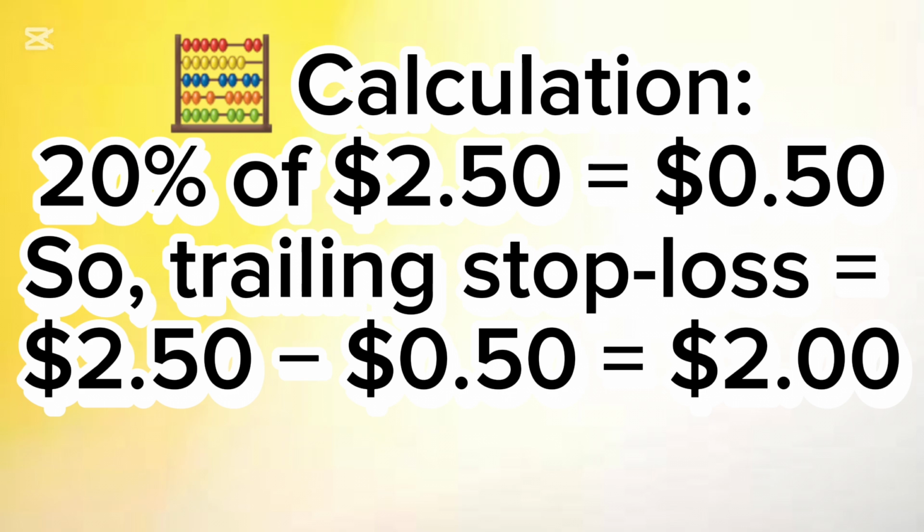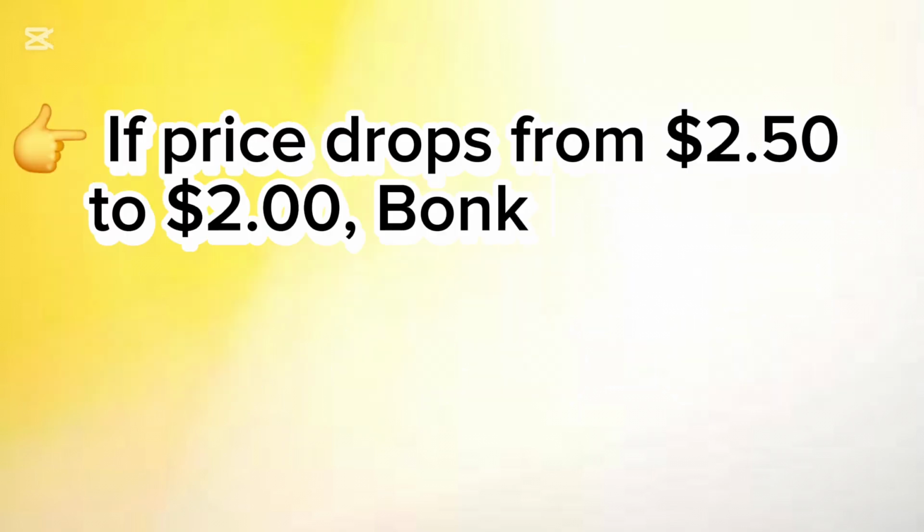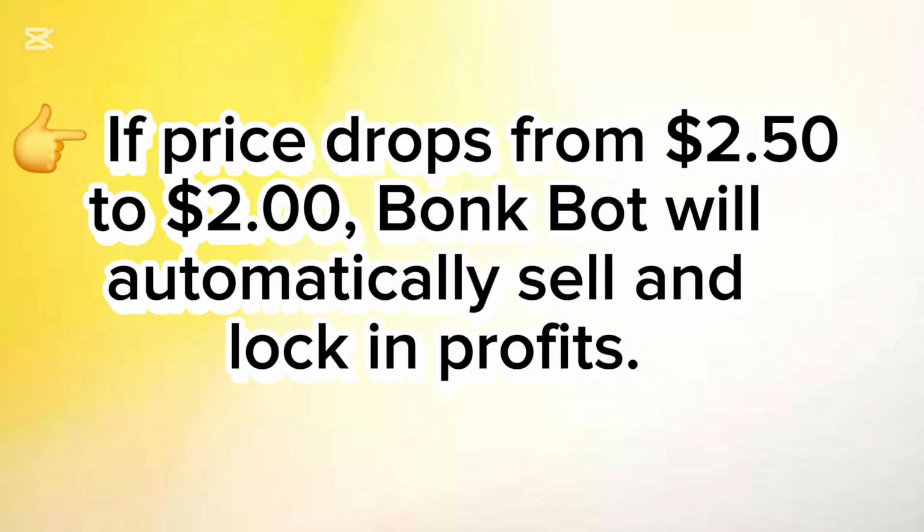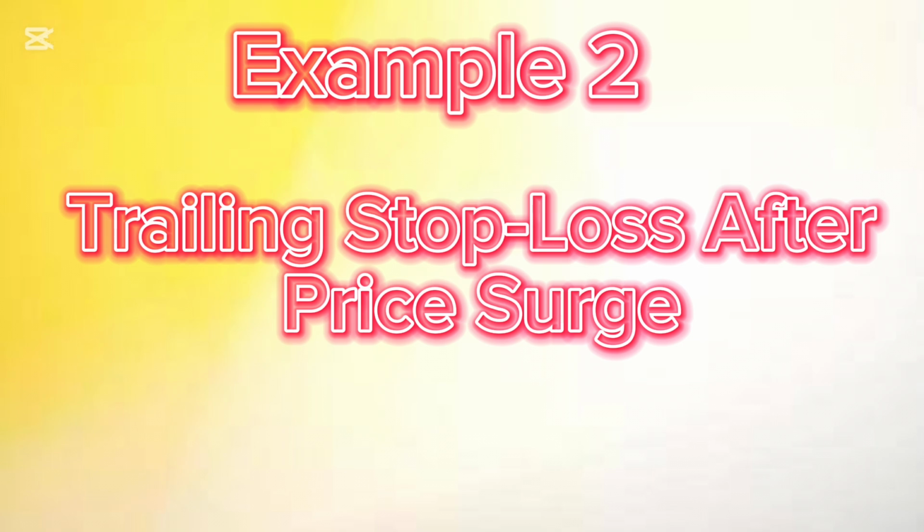So the trailing stop loss will be 2.5 minus 0.50, which gives you $2. Are you getting me? So if the price drops from 2.5 to $2, Bonkbot will automatically sell and lock in profits for you. So let me give you another example in case this is confusing you.